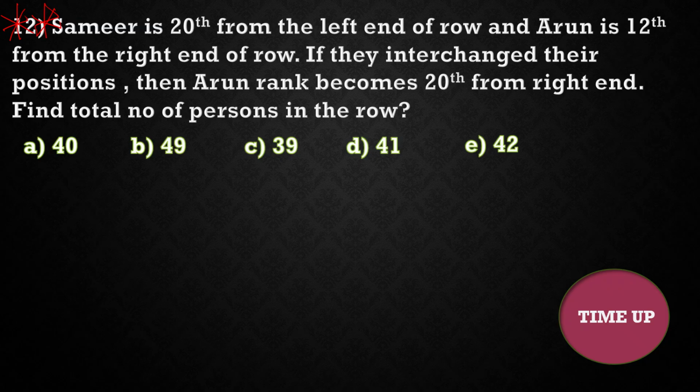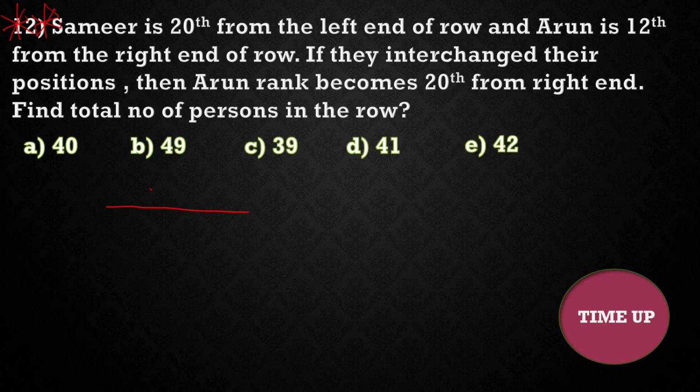Interchange of positions. You know now what basically it means, like you will tell a friend to exchange your seat in the classroom or in the bus: you sit there, I will sit in place of yours. That is what interchange of positions is. So here also we need to do the same thing. Samir is 20th from the left end of a row.